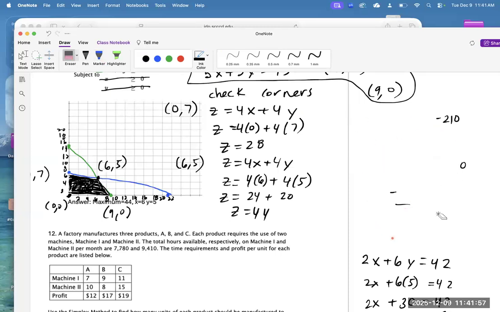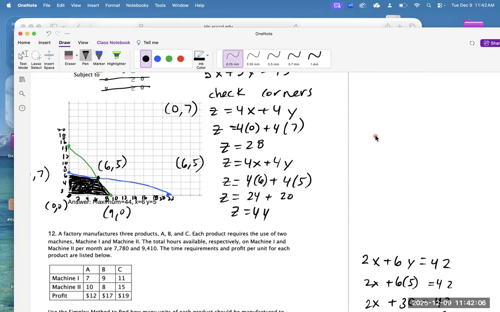Okay, and then the other corners are 0, 0.